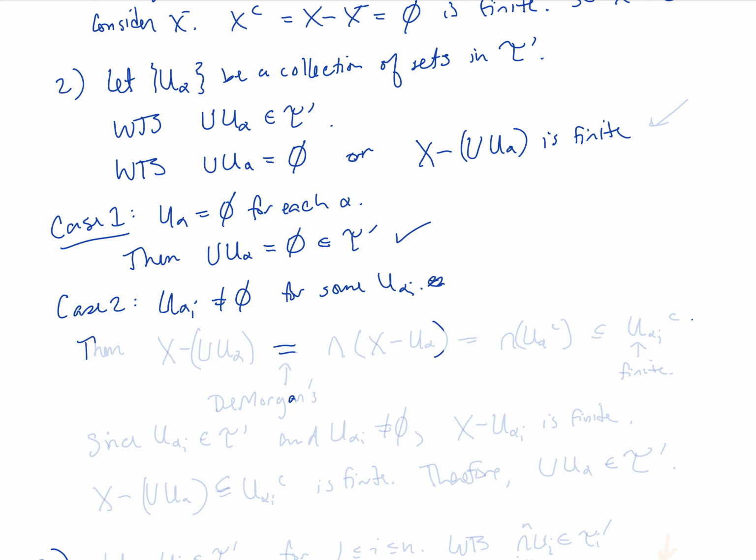Then we want to show in that case that the complement of this union of sets is finite, in order to show that this is in the finite complement topology. Then X minus the union of the U alphas, how could we write that? Well, by De Morgan's laws, which we covered way earlier in the course, that's equivalent to the intersection of X minus U alpha for each alpha.